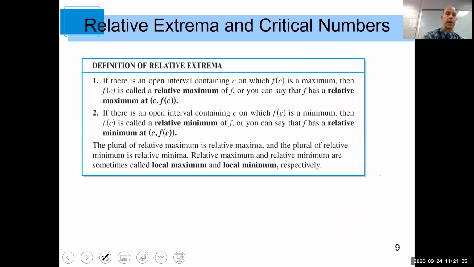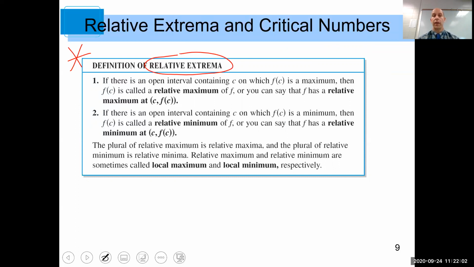All right, so this is an important slide, the definition of a relative extrema. If there's an open interval containing c for which f of c is a maximum, then it is called a relative maximum. Or we say it's a relative maximum at c. Similarly, if there's an open interval containing c for which f of c is a minimum, we call it a relative minimum.